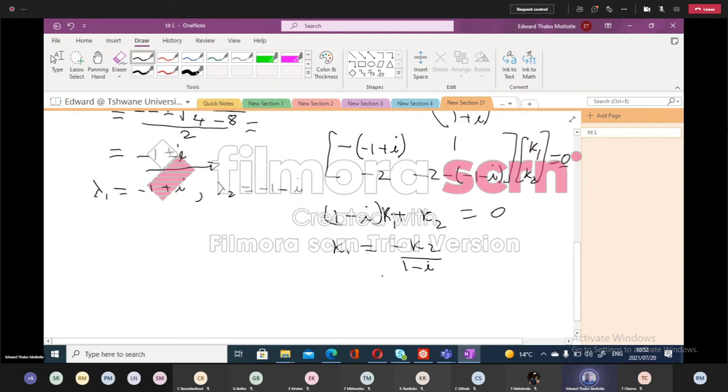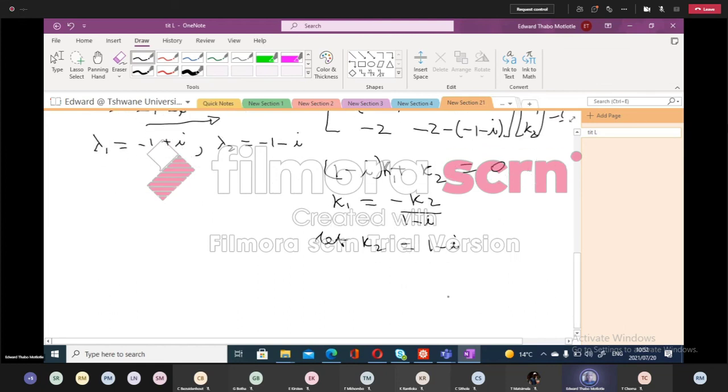So if you let K2 to be equals to 1 minus i, it means that our second eigenvector here will be minus 1 and 1 minus i.